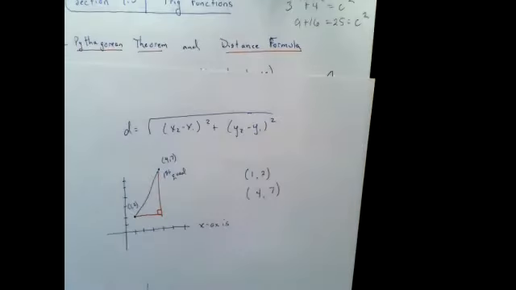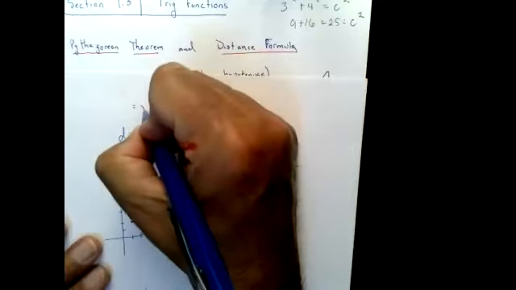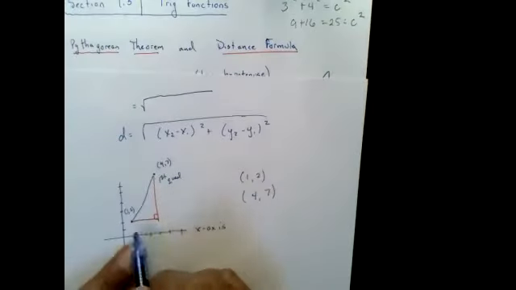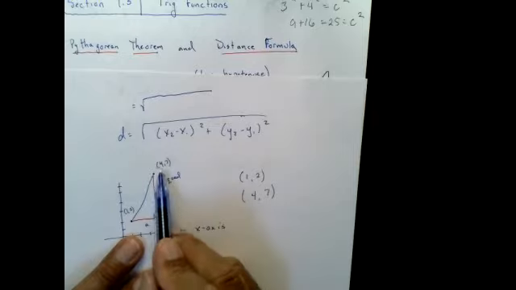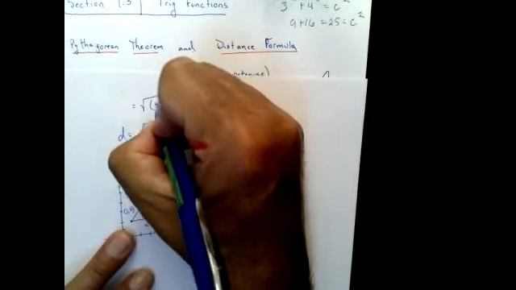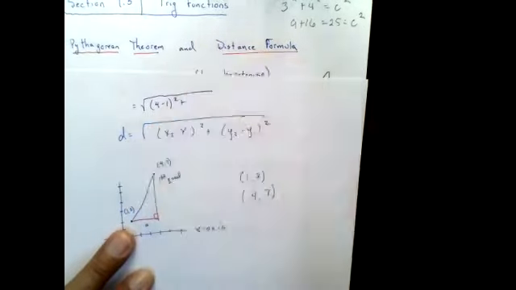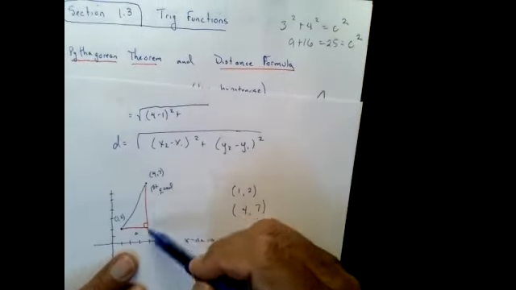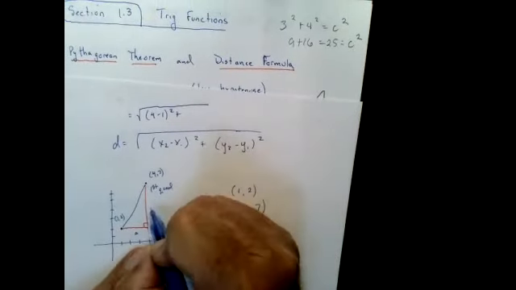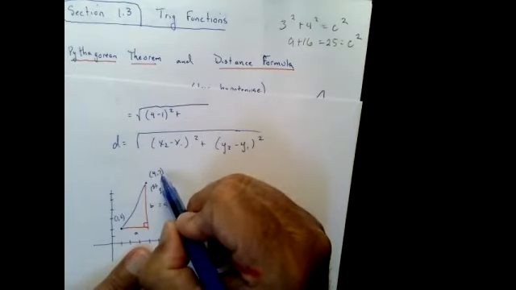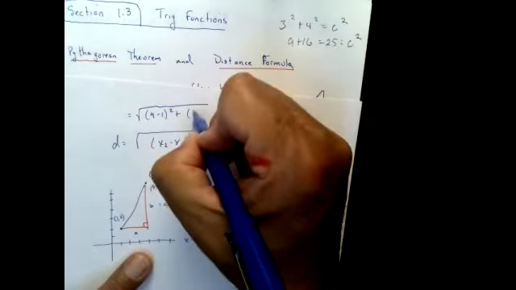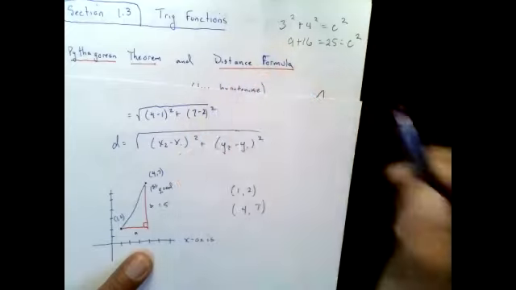The distance equals the square root of. I found this a squared, right? We were calling this a. How did I find it? 4 minus 1, and squared it. The same is going to happen here. This guy was my b. He's going to be a length of 5 because I took the y value minus the y value: 7 minus 2 squared.